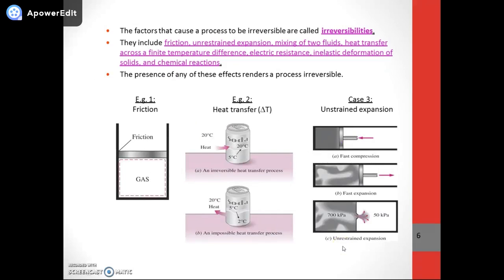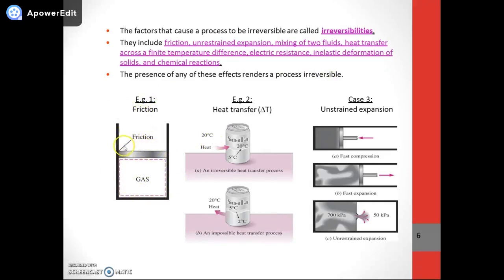So the factors that cause a process to be irreversible are called irreversibilities. So they include friction, unrestrained expansion, electric resistance, deformation, chemical reactions, and others. So the presence of any of these effects renders a process irreversible, such as friction. Okay, we have friction in here.